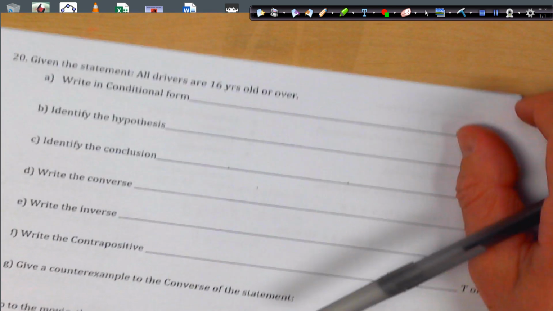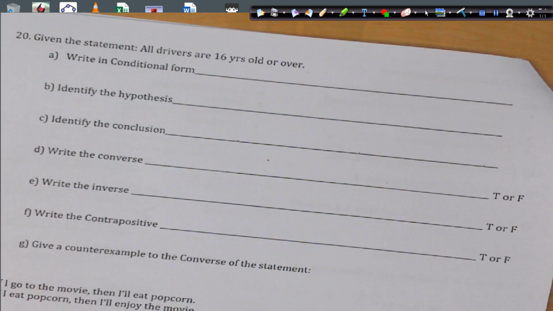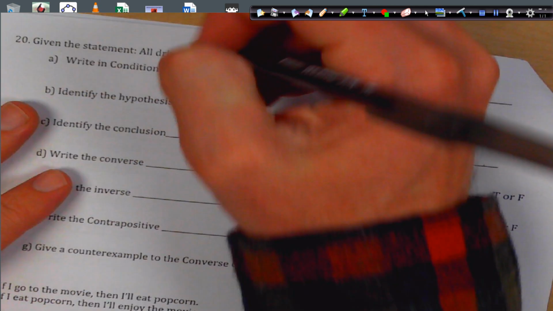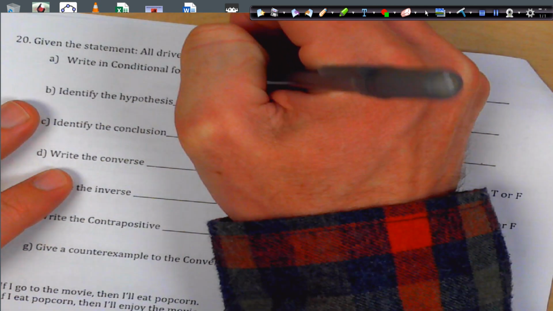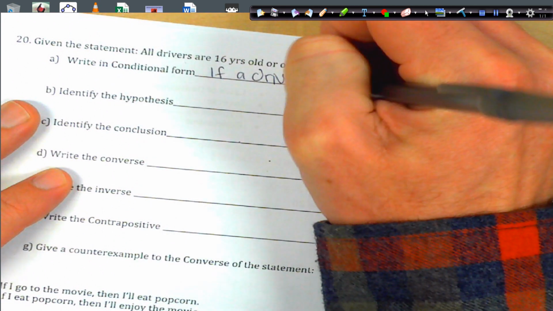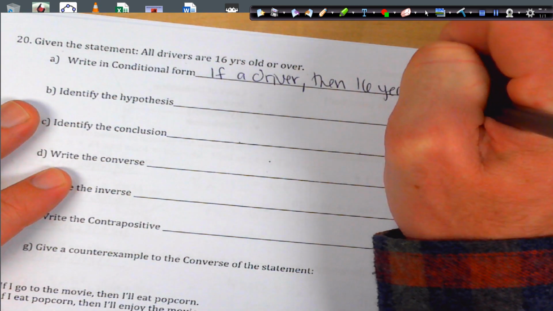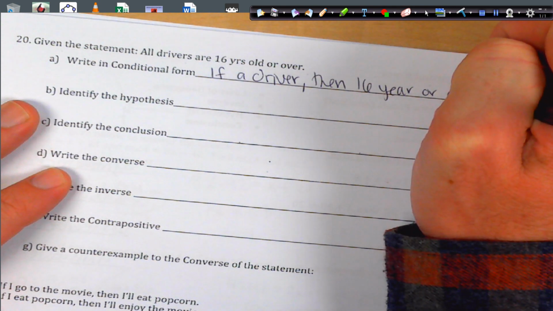Okay, here we go. Given statement: all drivers are 16 years or older. First we have to turn that into an if-then statement. So I'm going to say, if a driver, then 16 years or older.